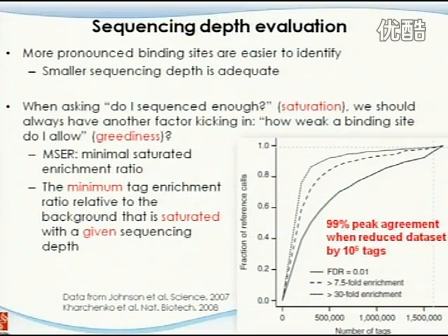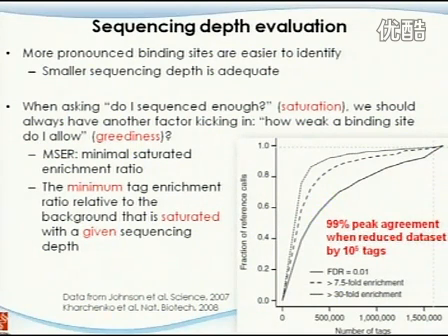So you can see X here is the number of tags. This is 500,000 reads, 1.5 million reads. Y here is the fraction of calls that are saturated. So you can see for a figure like this, that means it's saturated. If you further increase the sequencing depth, it doesn't help you to identify more binding sites.